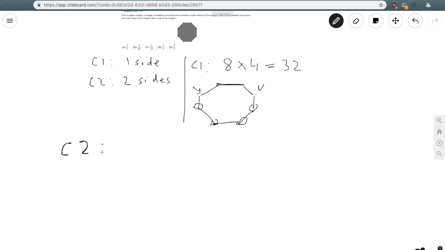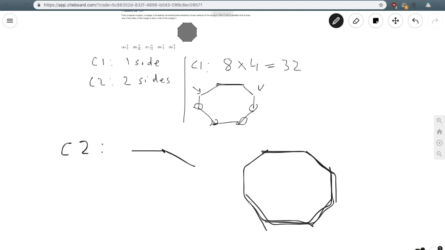For the second case, I need to have 2 sides in common, and the only way this is possible is if both of these sides are adjacent, which means they're next to each other. So when I have the octagon out here, and I trace it to see how many pairs of adjacent sides I have, I see 1, 2, 3, 4, 5, 6, 7, and 8.